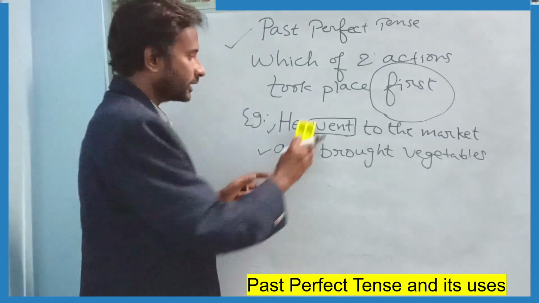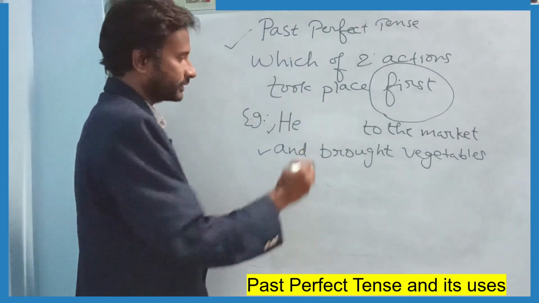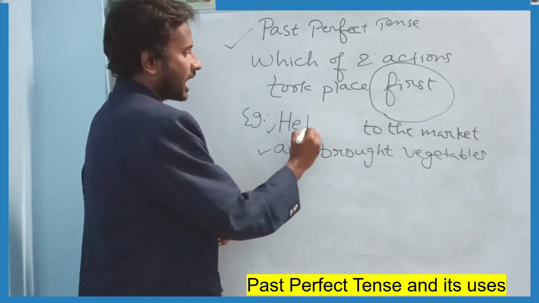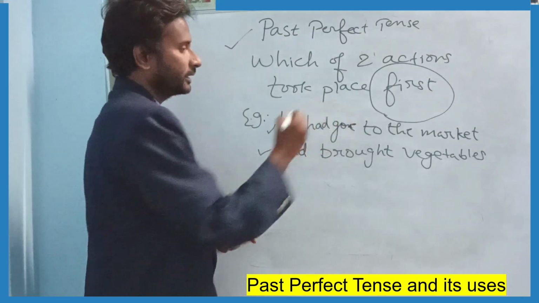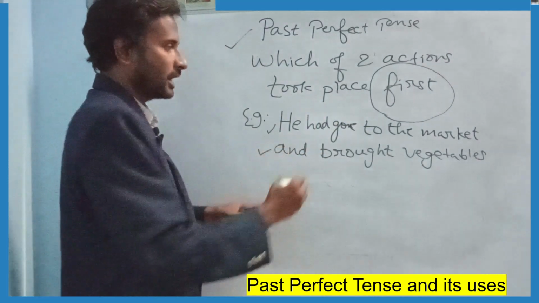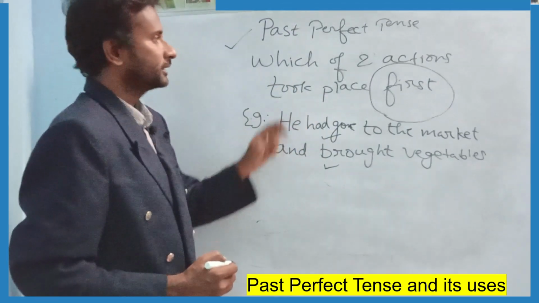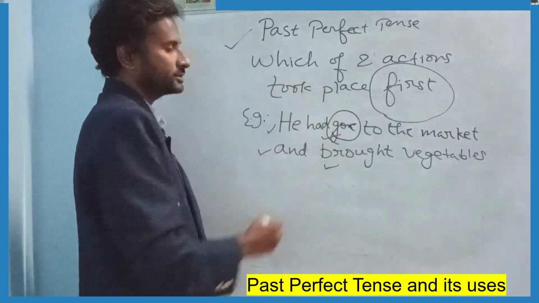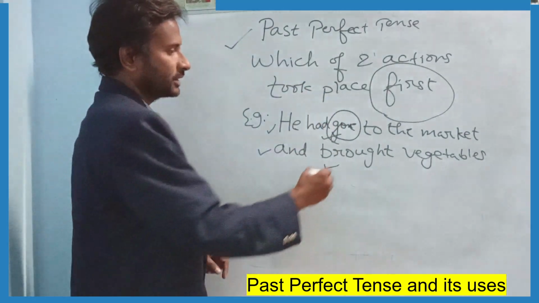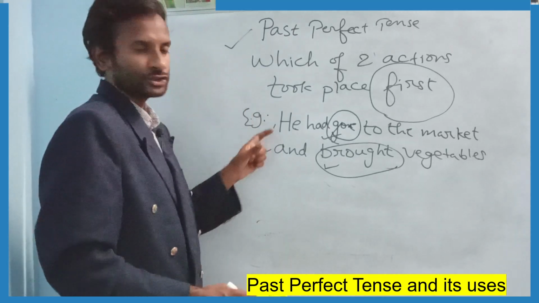So we are removing this went because this action happened first. He had gone to the market and brought vegetables. Now see here, which of the two actions took place first? This one. This is also called long past, and bringing is very near past. That is the first use.